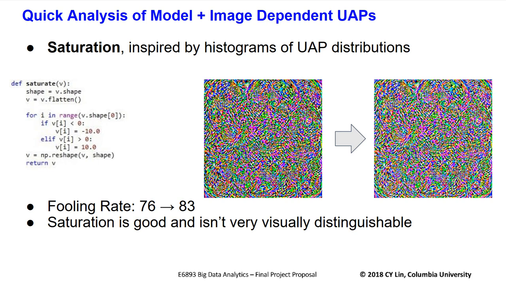Here you see that saturation increased the fooling rate from 66 to 83, and also notice that the net effects of saturation are pretty indistinguishable. So that's a really good approach to improving the effectiveness of a UAP.